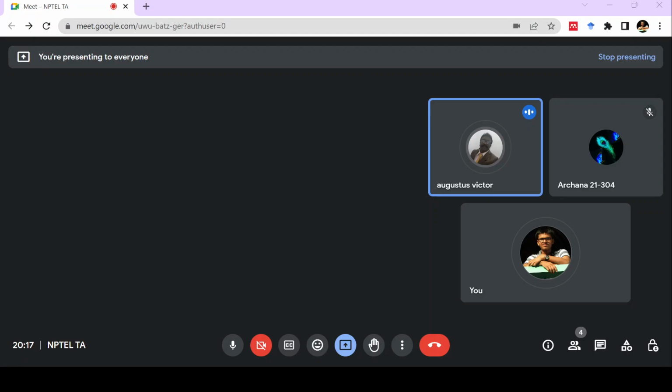So W into H is again area, so this area will definitely be there. There will be an area term here. These are the other terms.